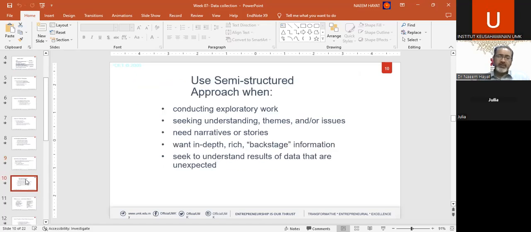When to use the semi-structured approach: when conducting an exploratory study, seeking understanding of a theme or issue, needing a narrative or story, wanting in-depth, rich backstage information, such as why you came to the PhD program, why you buy a certain item, why you behave in a certain manner in a certain situation, why you are involved in a certain income source.